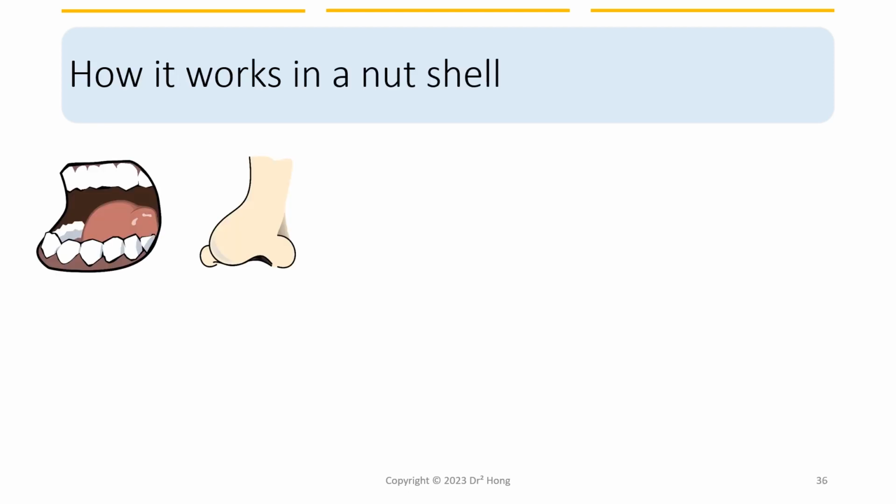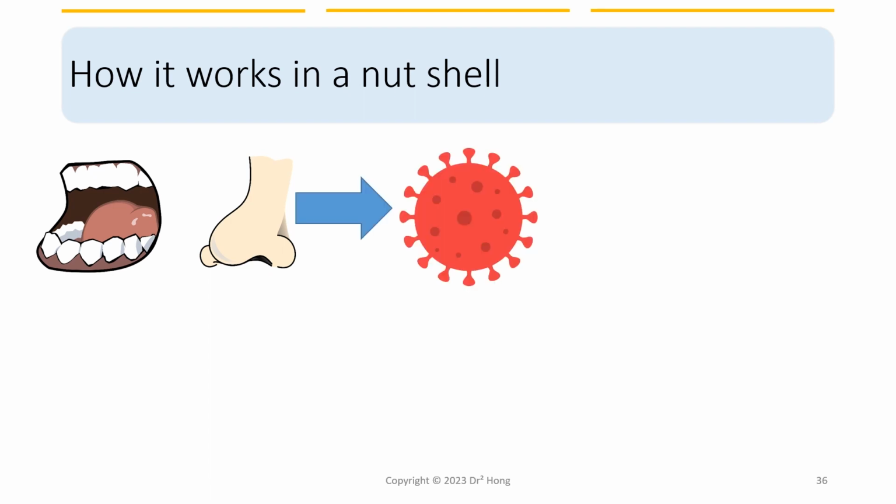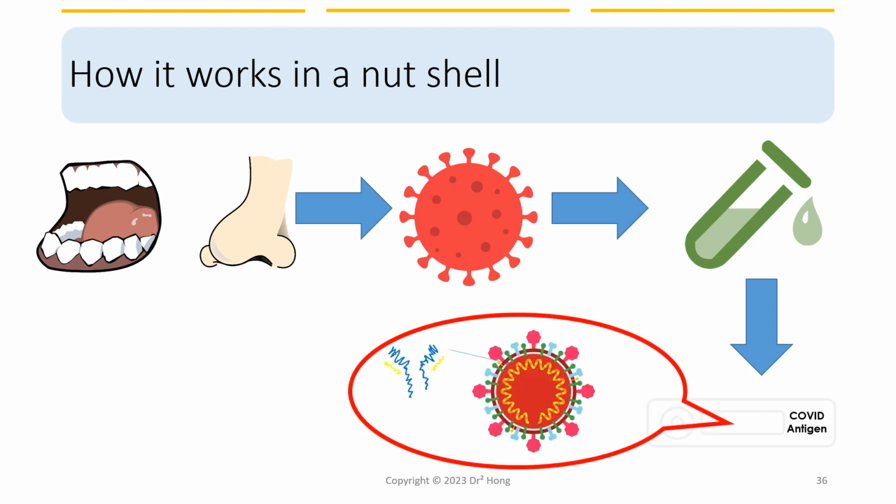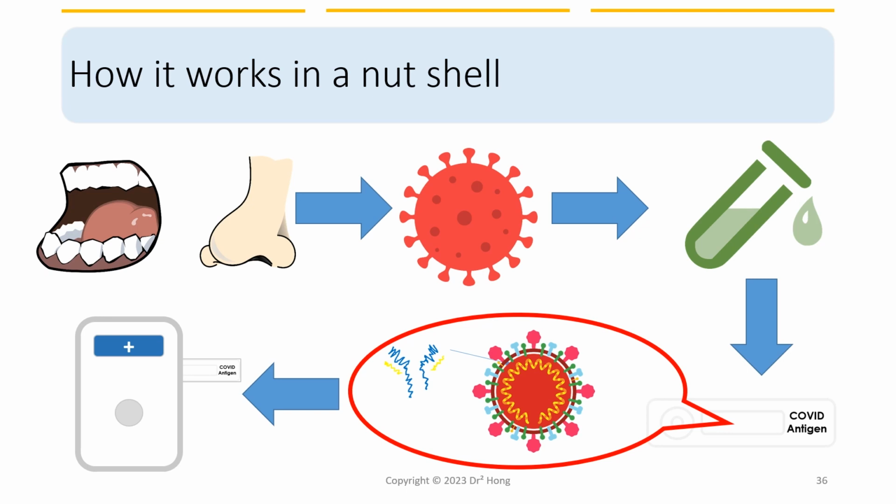And in a nutshell, samples were collected from the patient's throat or nose, and after mixing the sample with buffer, if the sample contains viral protein, it would be detected with antibodies that are coated on the LFA membrane. Now, take-home tests provide a readout in a few minutes and can be read with the naked eye. And some more specific tests do require a machine to get a more precise readout.